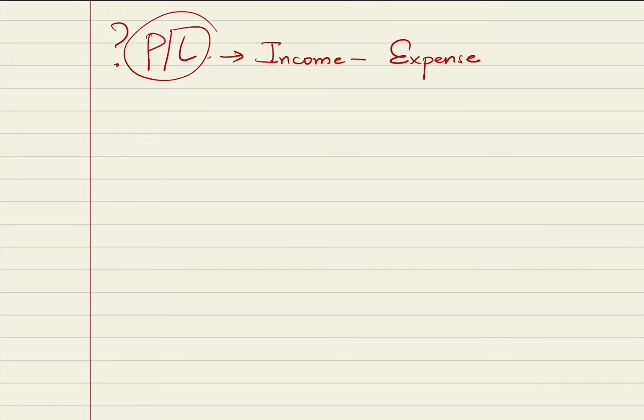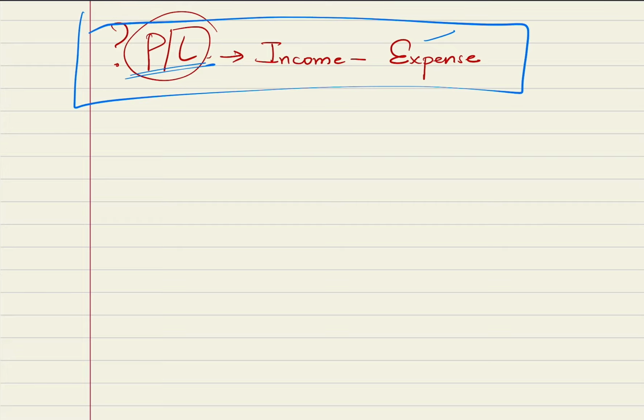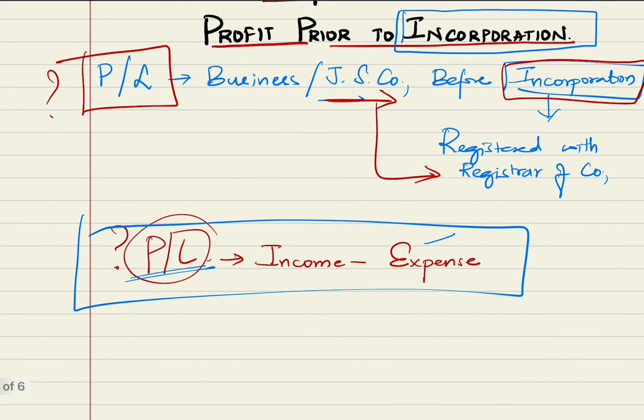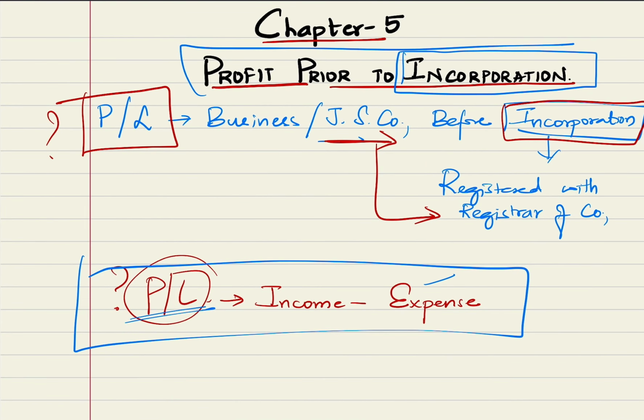Whatever income the business has earned, if we deduct the expenses that the business incurs, we will get the profit or loss of the business. Correct? Now we are going to use the same basic formula for the whole chapter to find out profit prior to incorporation.